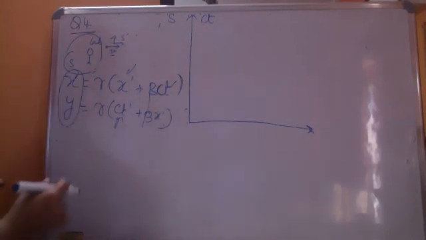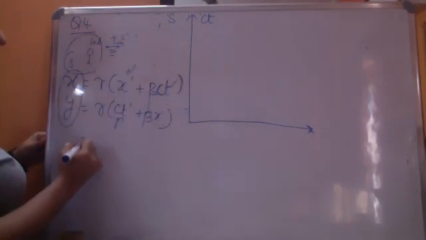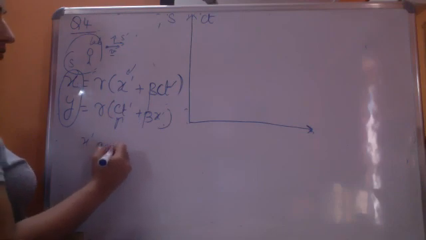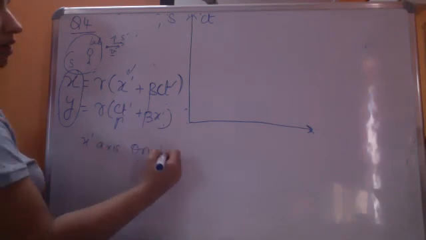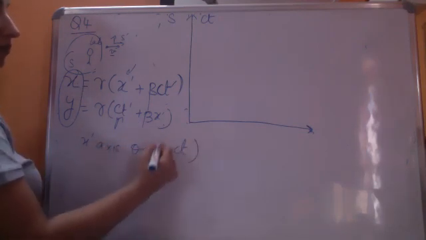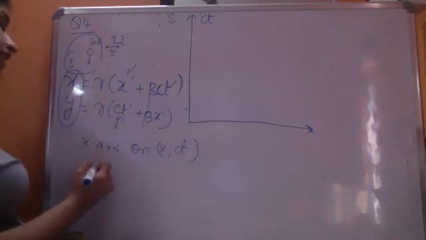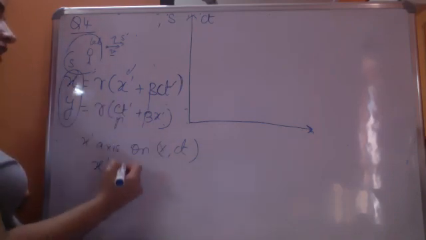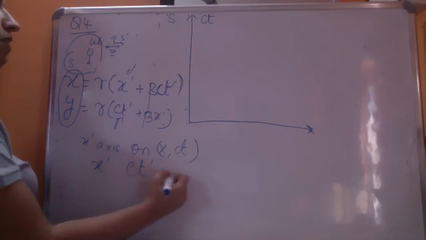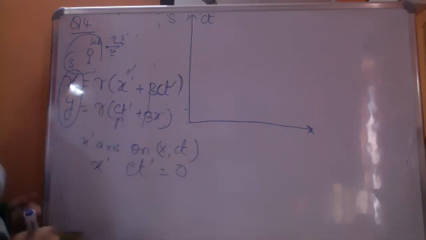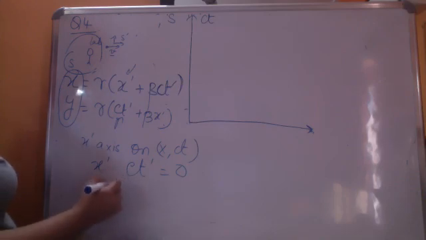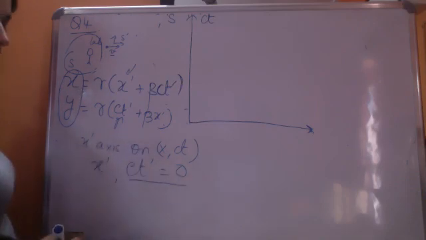Okay, so now I want to represent the X prime axis on this X-CT diagram. What would the X prime axis mean? X prime axis would mean CT prime is 0.